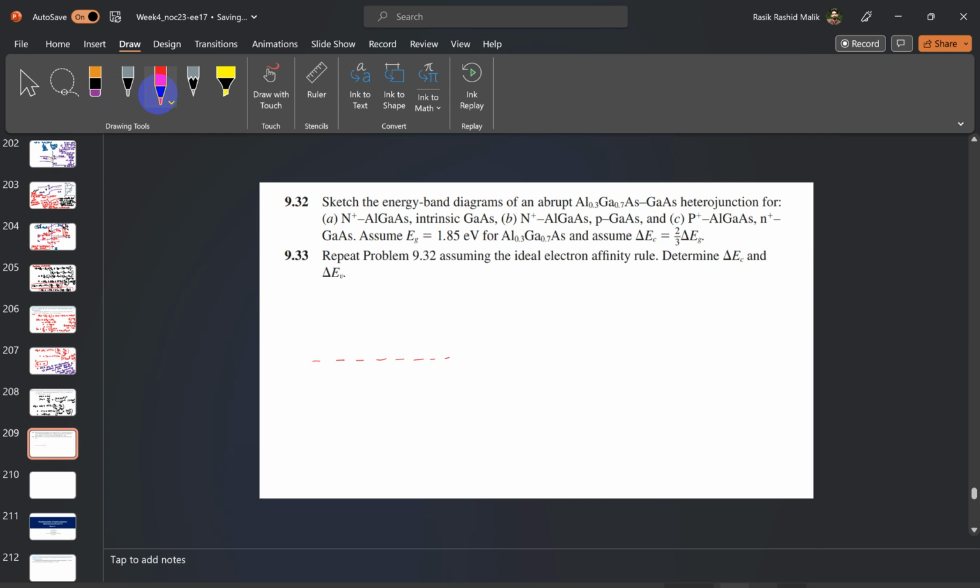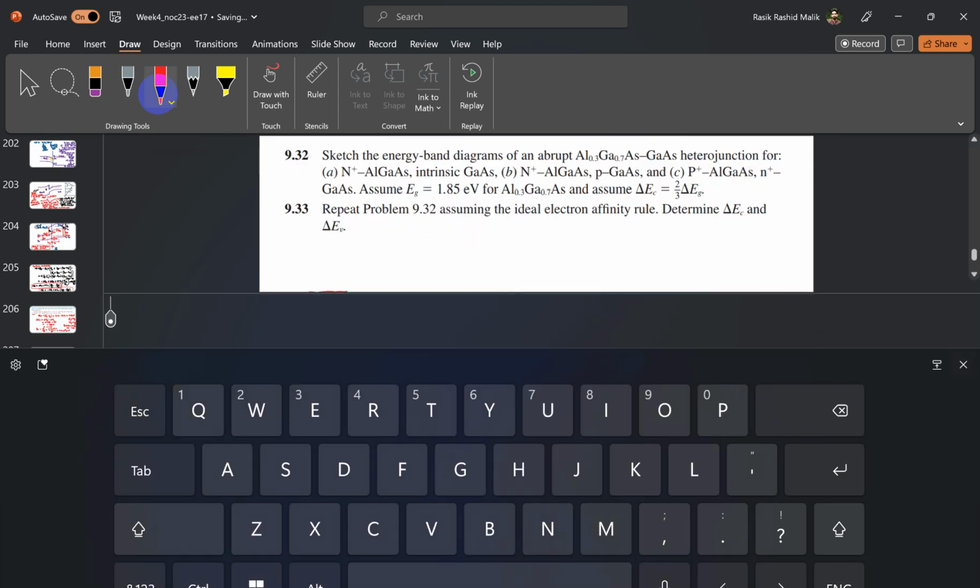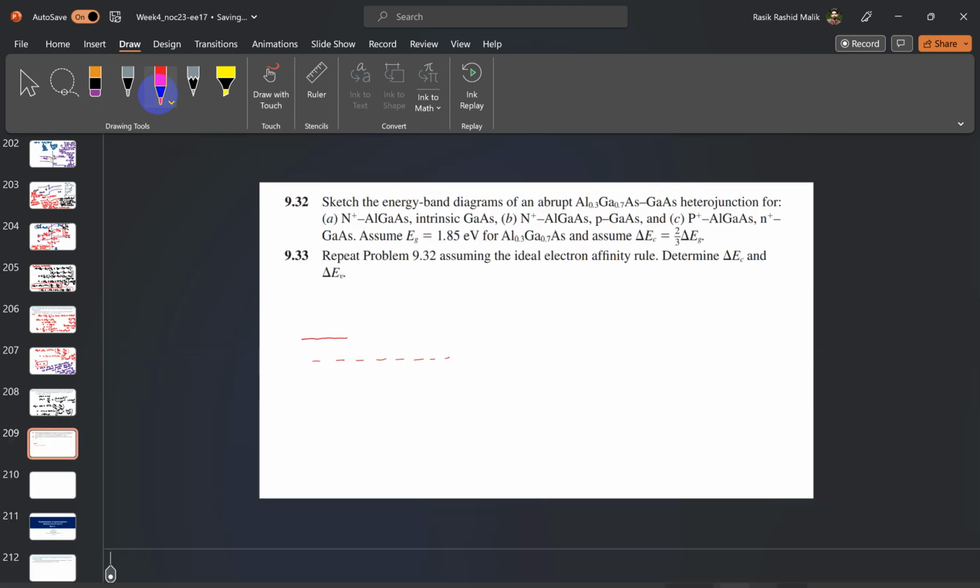So here we have intrinsic gallium arsenide, which is a narrower band gap material, and say my intrinsic Fermi level is very far from the junction. Then we have N positive aluminum gallium arsenide, which is a wider band gap material.